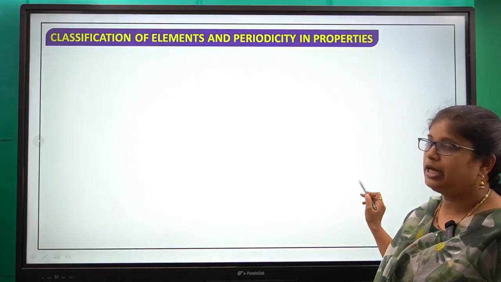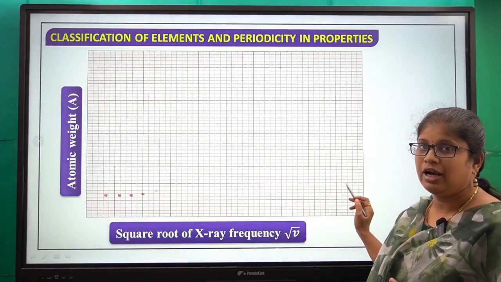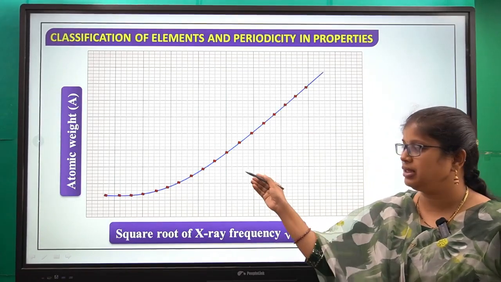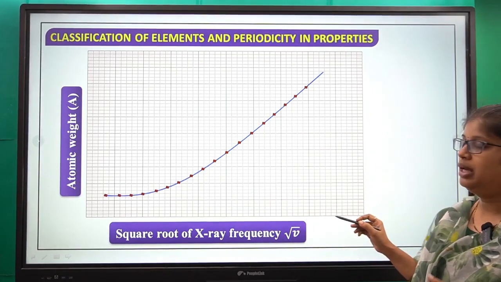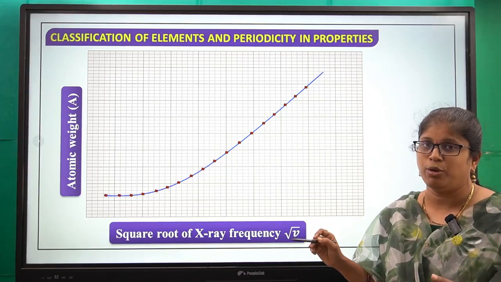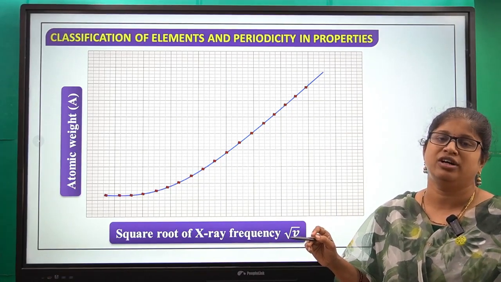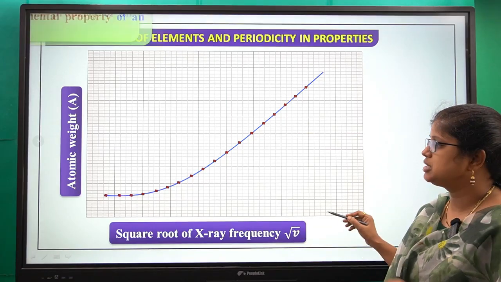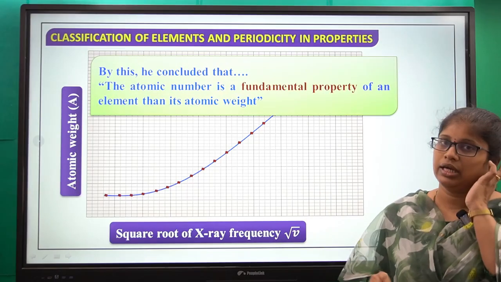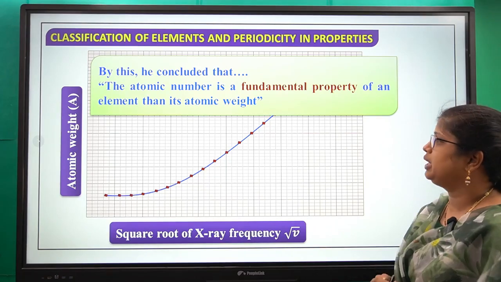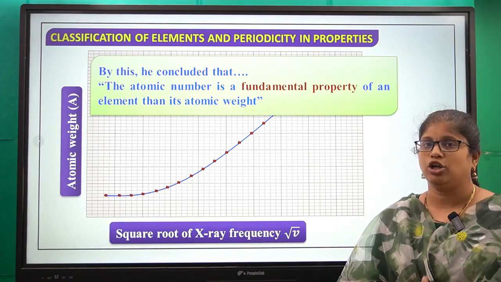But whenever he took atomic weight into consideration, how did he get the plot? Like this. So it is not showing a regular pattern. So that's why he thought that instead of atomic weight, if we consider atomic number, that should be good to classify the elements. So by this he concluded that atomic number is a more fundamental property of an element than its atomic weight.